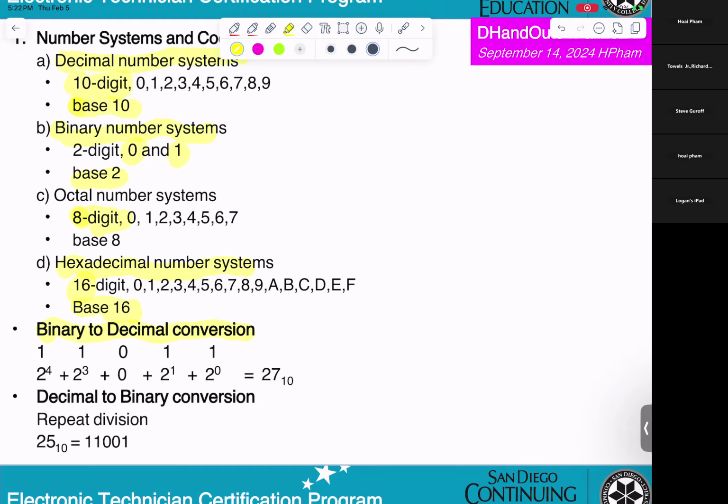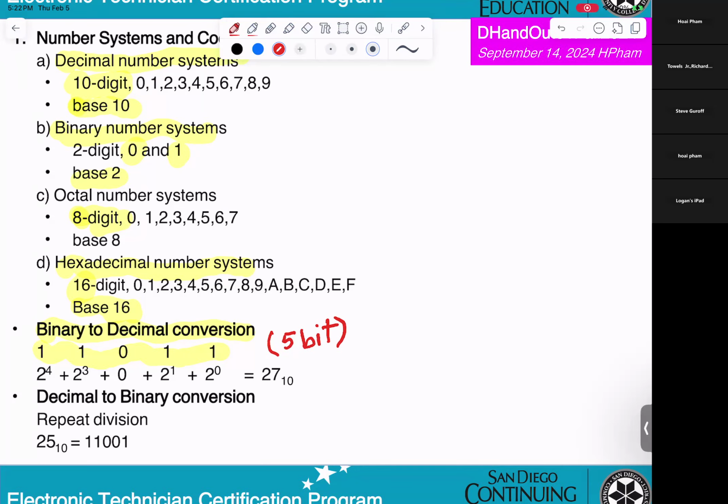If you're looking at the example here, you get the binary 11011. How many bits? Five bits, correct? Yes, correct.